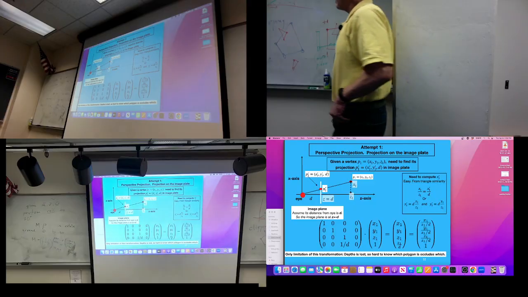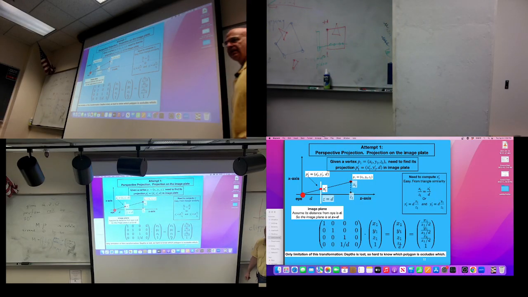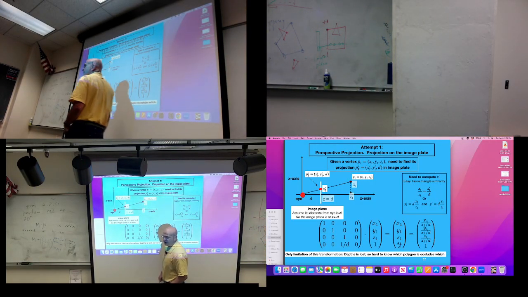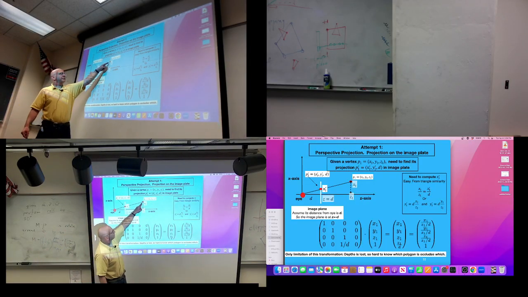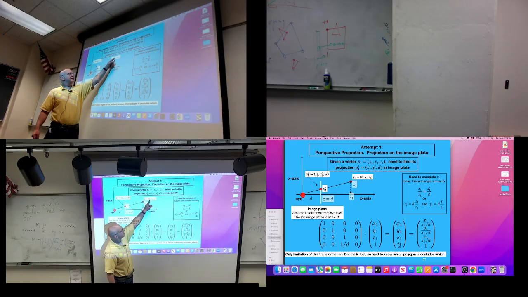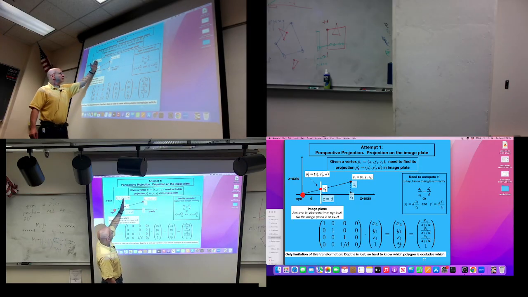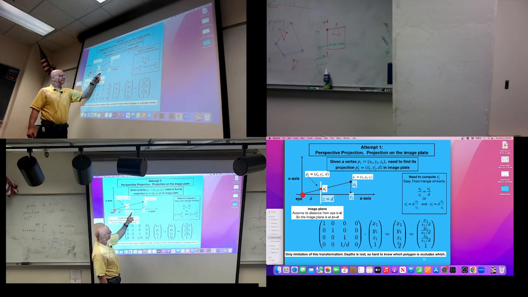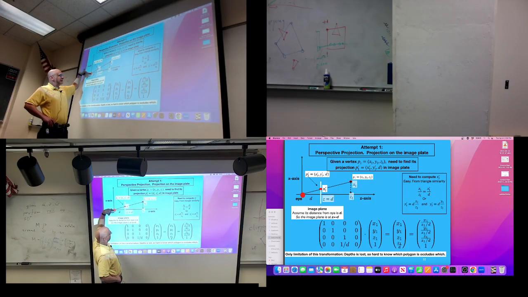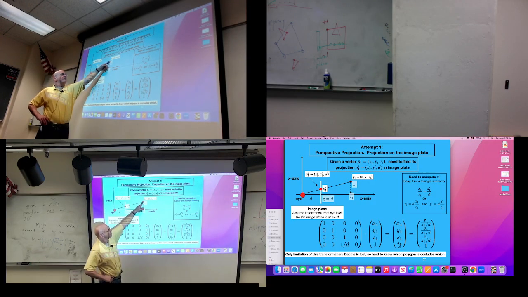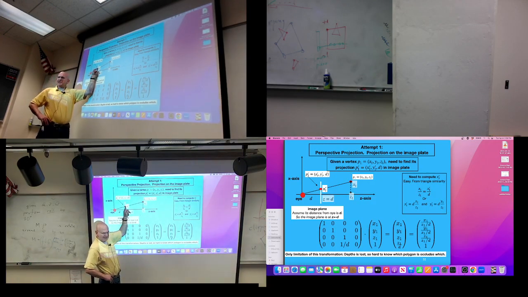So let's have our first attempt to project everything onto the image plane. And here it actually will be perspective, but I want to know for every point P1, X, Y, Z, if I project it into the image plane, and the image plane is at Z equal D, to which pixel this point will hit. That is, away from the I now at 0, 0, 0, toward P1, which pixel will it hit?